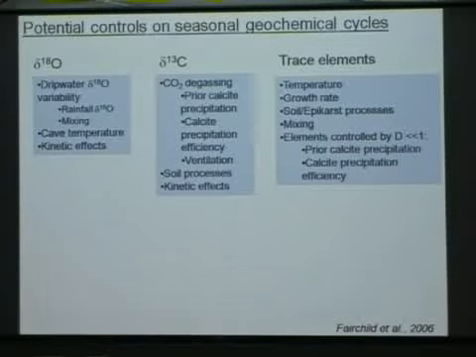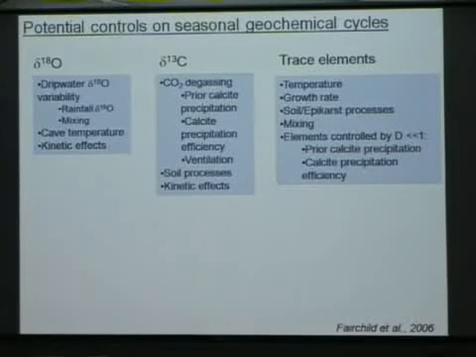A similar process is calcite precipitation efficiency, where this is not actually relying on something to happen above the cave, but this might actually occur on the surface of the stalagmite, where if you have the water sitting there for longer and degassing more during some periods than others, then you might generate a seasonal cycle that way, in the same sort of way. Also, some caves are ventilated seasonally.